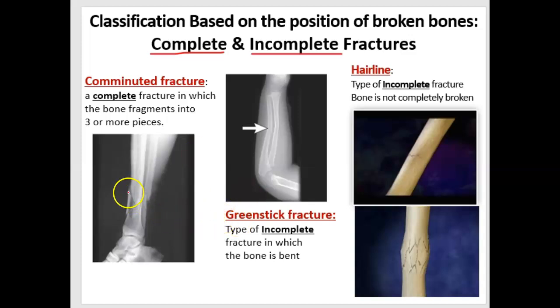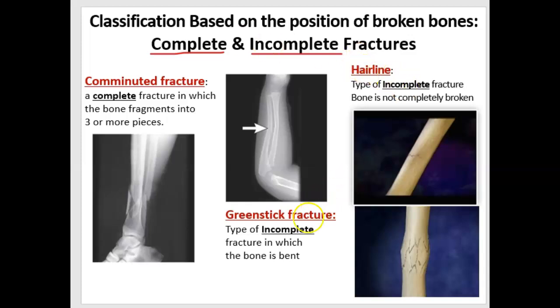Here we also have a complete fracture, but we have a different name for this. This is called a comminuted fracture because there's actually at least three pieces. So here's the end of one piece, here's the end of another piece, and you can see that there's a piece of bone right here. There might even be more. It's hard for me to tell, I'm not an expert, but that's called a comminuted fracture.